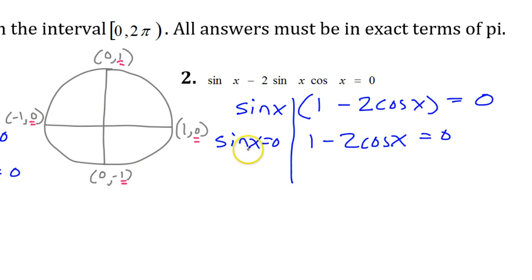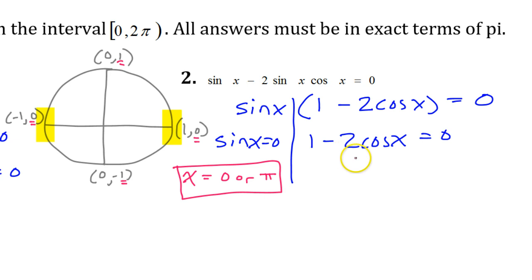We want the sine to be 0. So I see 0 is going to happen right here and right here. So those are the two angles that have a sine of 0. So that is angle 0 and angle pi. So far that gives me two solutions. So x is equal to 0 or pi.